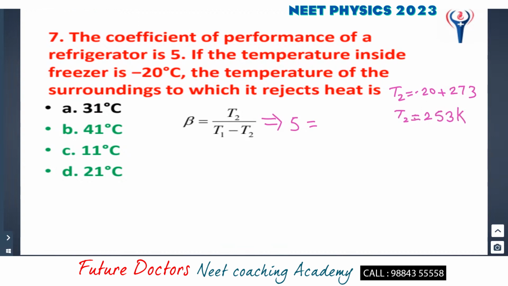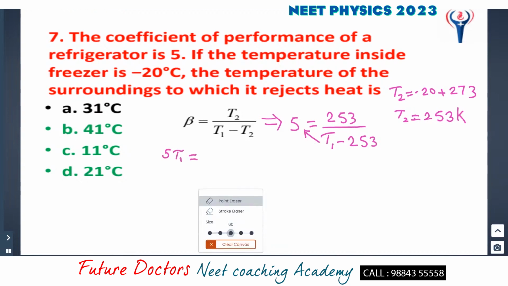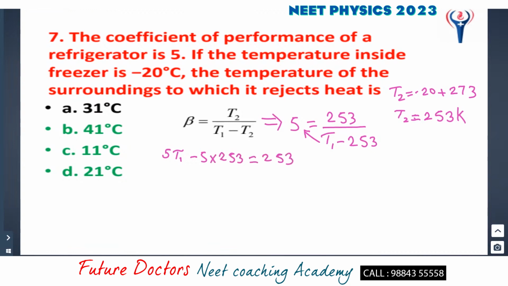Then 5 equals 253 by T1 minus 253. Substitute the value of T2. T1 only you want to find. Cross multiply because you want to simplify for T1. Then 5 into T1 minus 5 into 253 equals 253. 5T1 equals 253 plus 5 into 253.